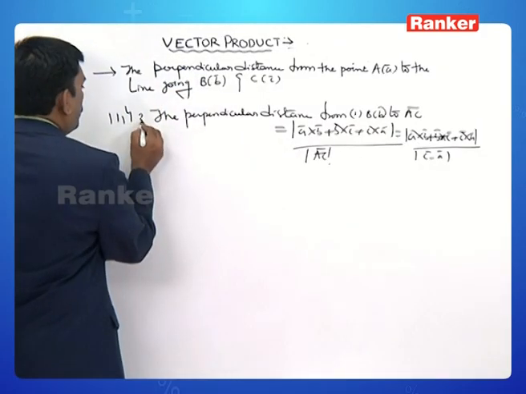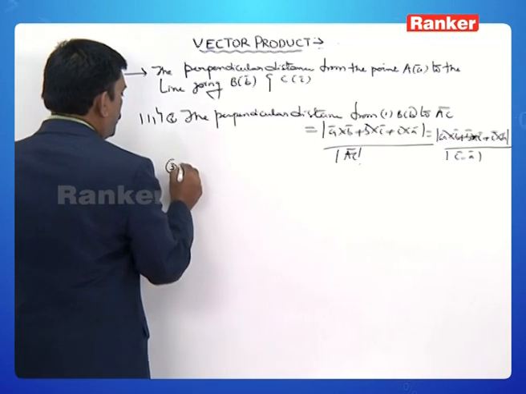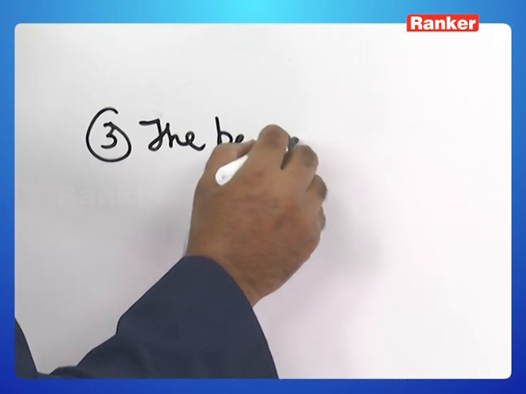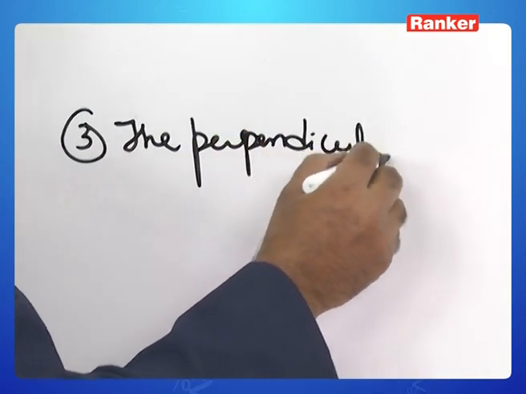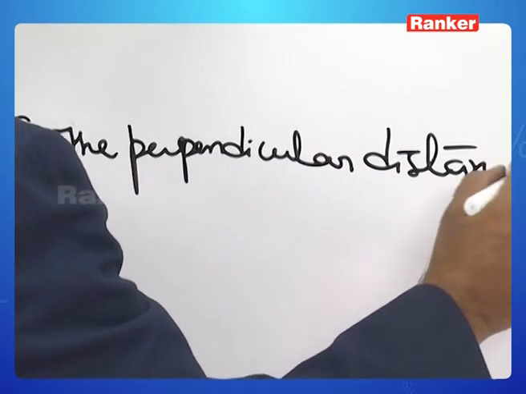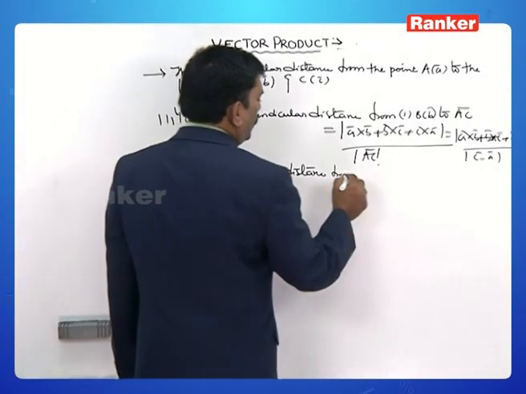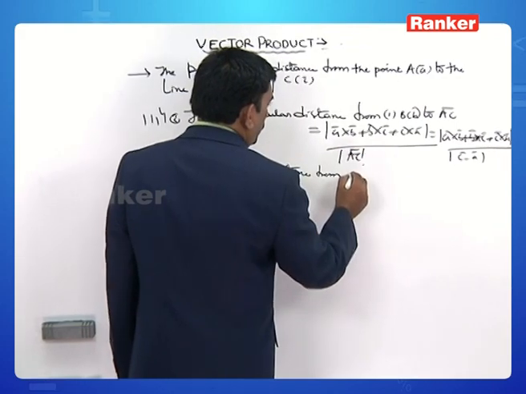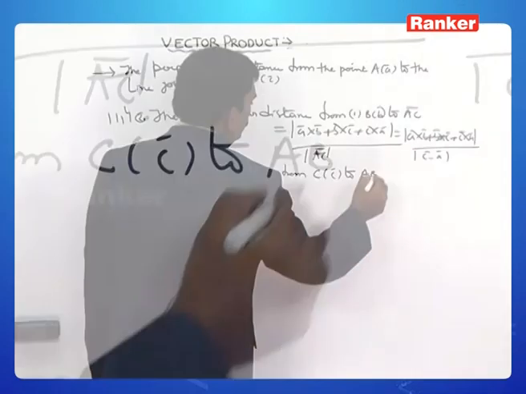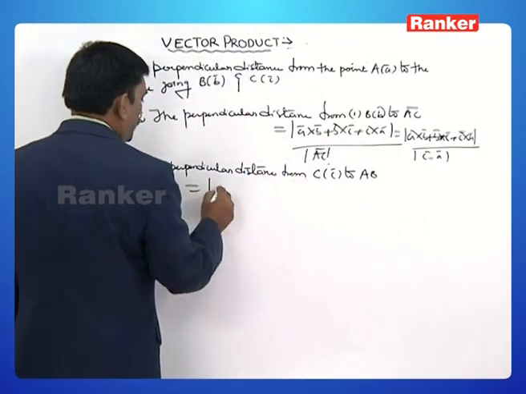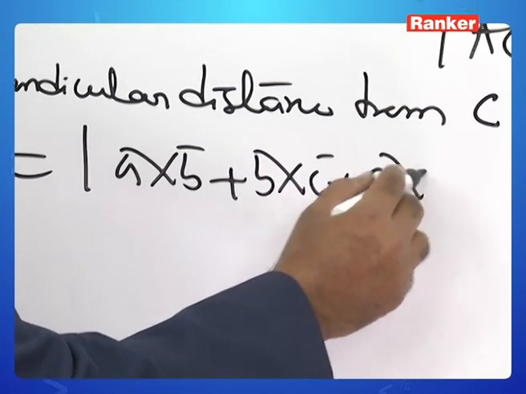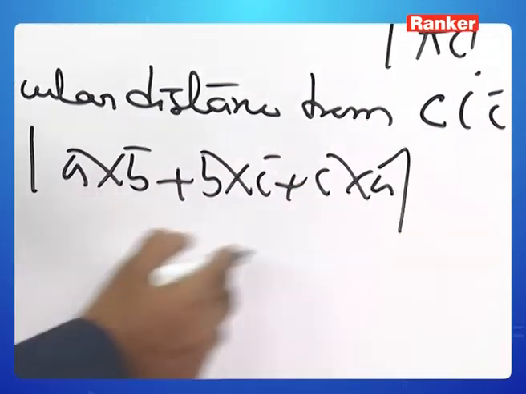This is the second one. The third one is the perpendicular distance from C of C bar to AB, equal to modulus of A cross B plus B cross C plus C cross A by modulus of AB.